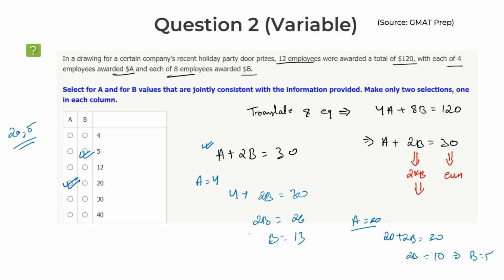So 2 times b will be even, right? It doesn't matter what b is. 2 times b will be even, which makes my a also have to be even. Okay. b is not necessarily even, 2b is even. b can be anything. I do not care what b is. It is that 2 times b which has to be even.